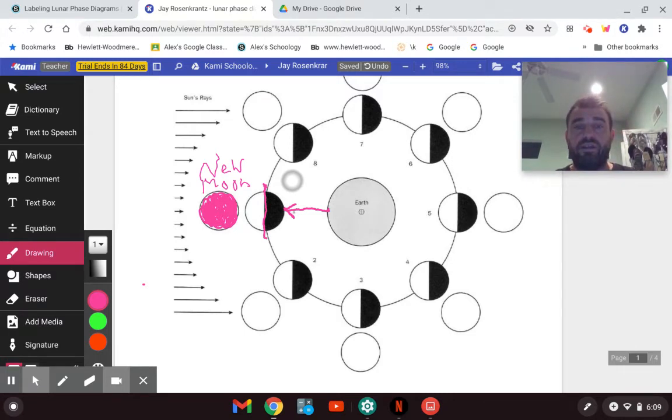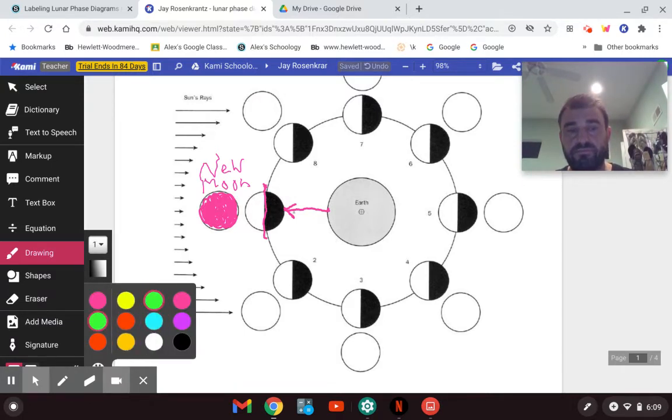All right, now the moon's going to start to move in its orbit. So after a few days, the moon is going to move to here. Now, no matter what side I put the sun, what always stays the same is the direction the moon orbits. And it will always orbit in a counterclockwise direction.